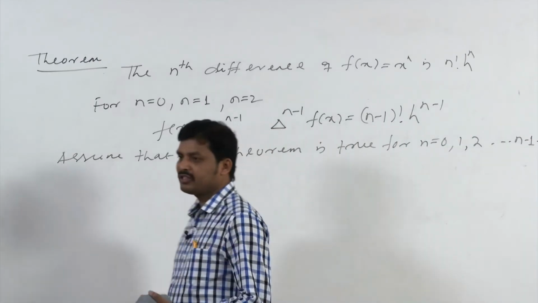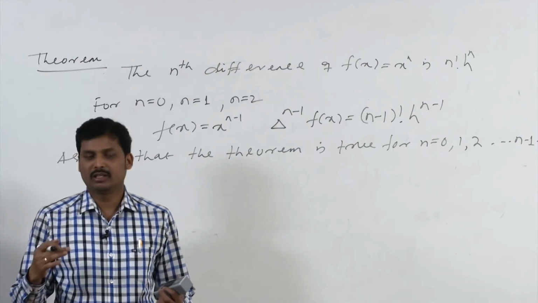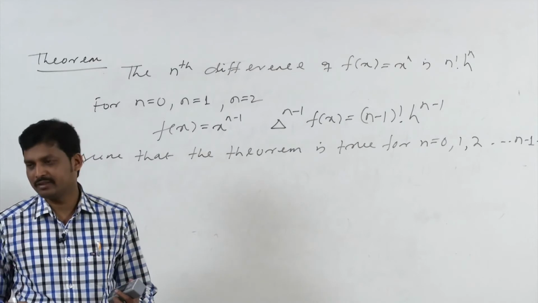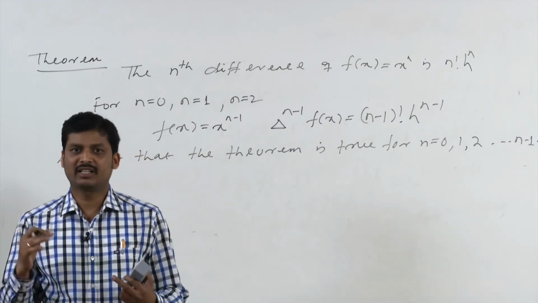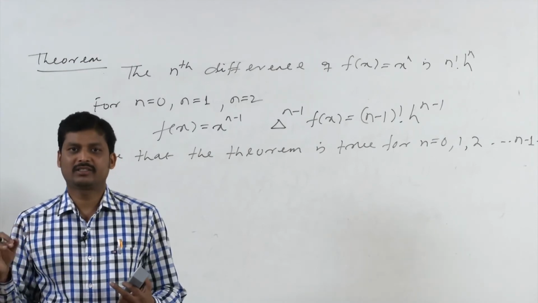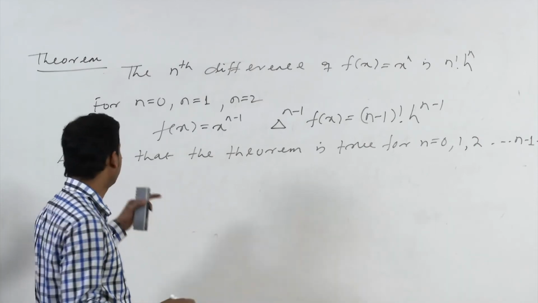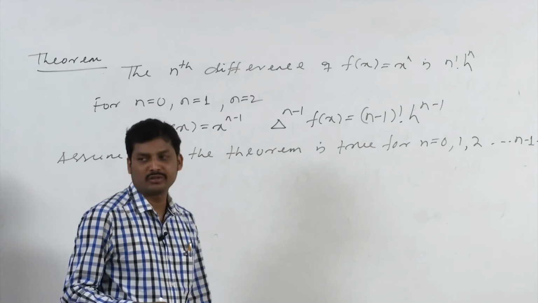Then each of these functions, like f of x equals x, can be expressed as Δf(x) equals 1. If we take f of x equals x square, then Δ²f(x) can be expressed as 2. Likewise, the theorem is satisfied for n equals n minus 1 also.